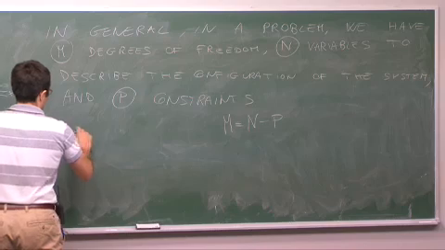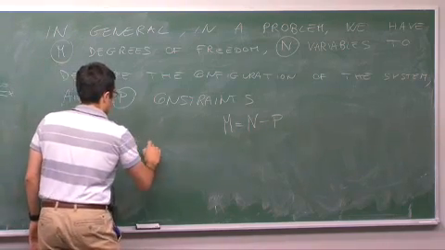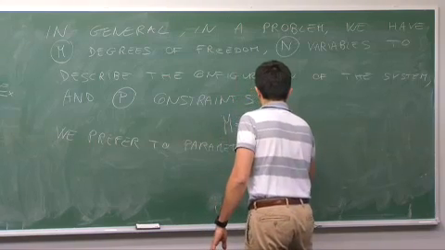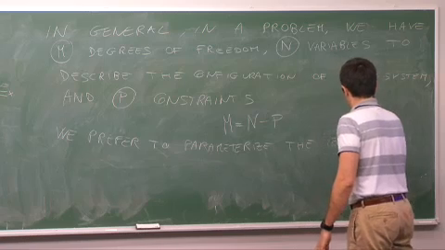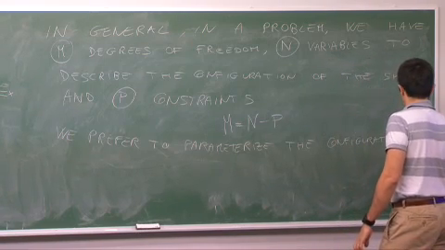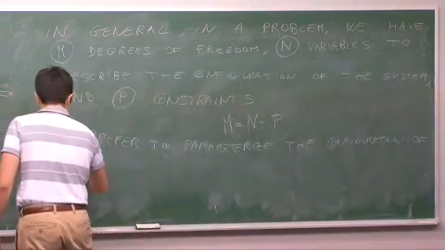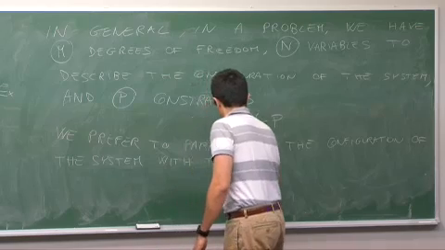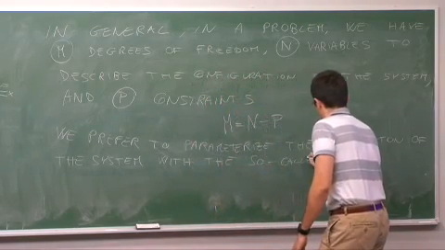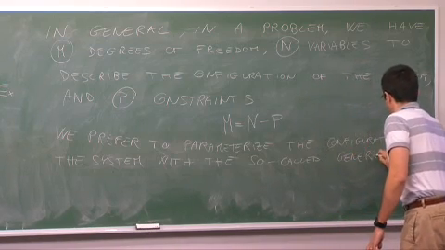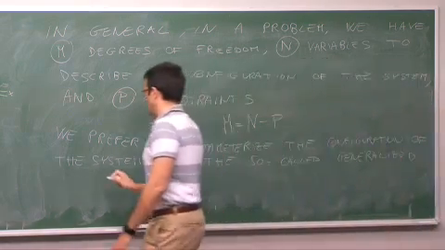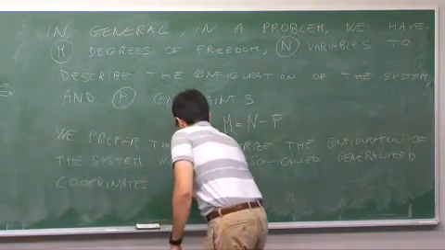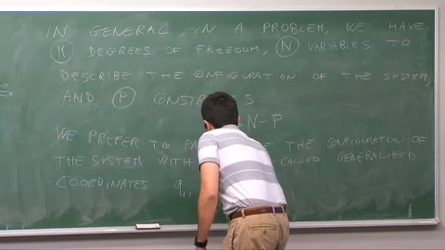We prefer to parameterize the configuration of the system with the so-called generalized coordinates, which I'm going to call Q's, Q1 up to Q little n.